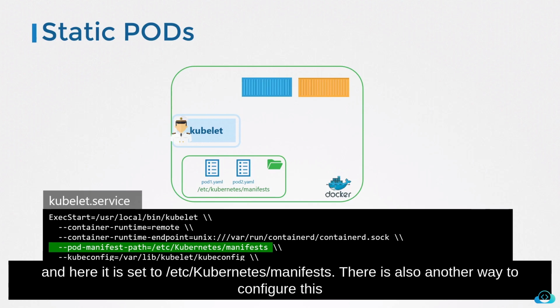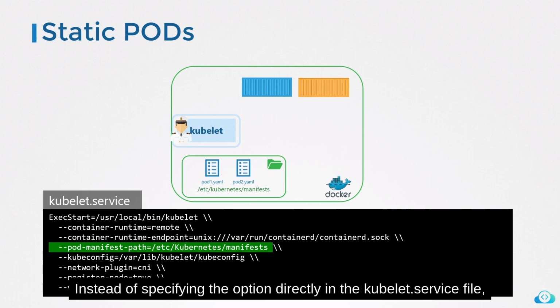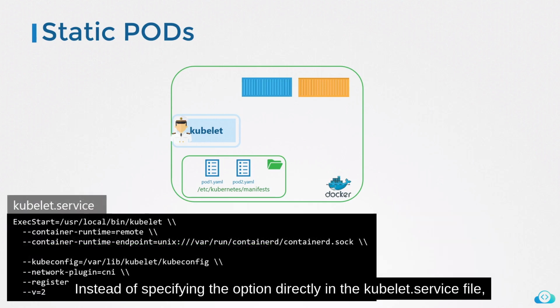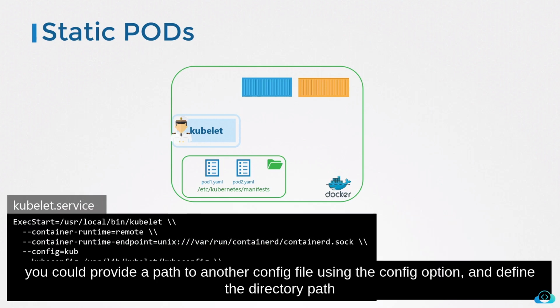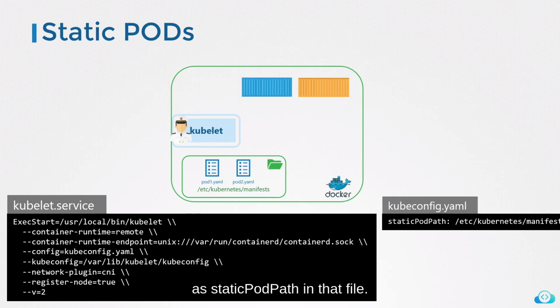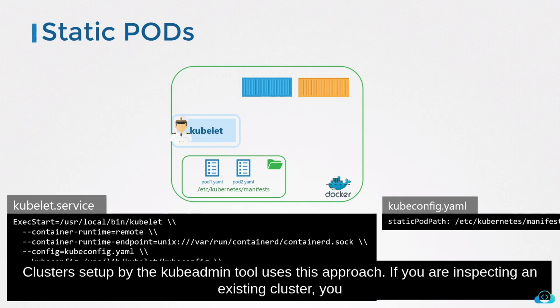There's also another way to configure this. Instead of specifying the option directly in the kubelet.service file, you could provide a path to another config file using the config option, and define the directory path as staticPodPath in that file. Clusters set up by the kubeadm tool use this approach.